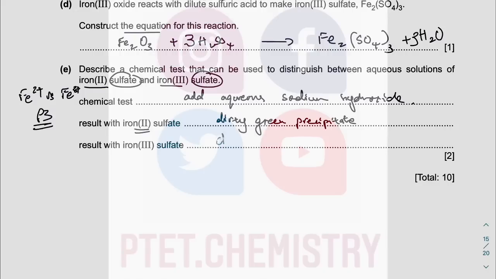The other one will give you a brown red kind of precipitate. It's kind of like rust. And I suppose you should know that it's insoluble in excess NaOH. And this is also insoluble in excess NaOH.